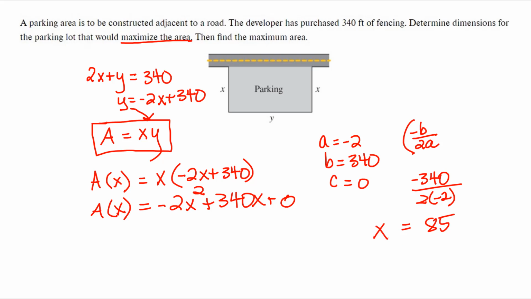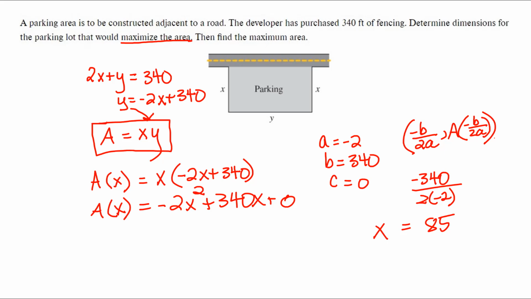That's the max. That's going to create the maximum value if I let x be 85, and that's how I'm going to get the maximum area for this parking lot. I need to find the y that goes with it because the first question is to determine the dimensions, so x and y. Now, if I plug this 85 into the function, A of negative b over 2a, just like I normally would in the vertex formula, that's not going to give me y.